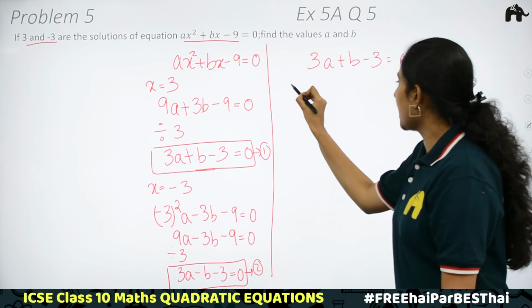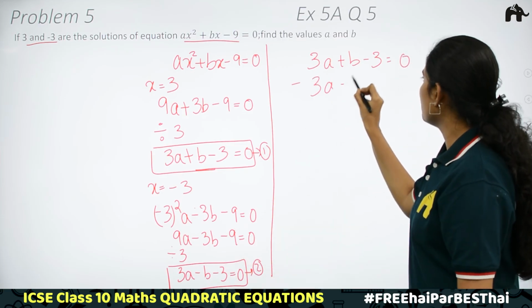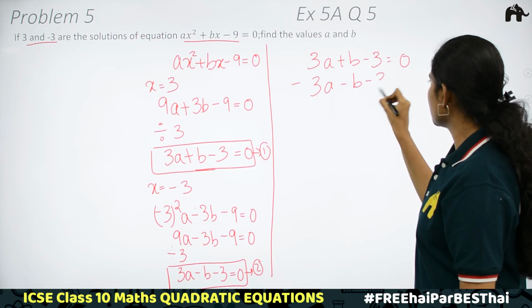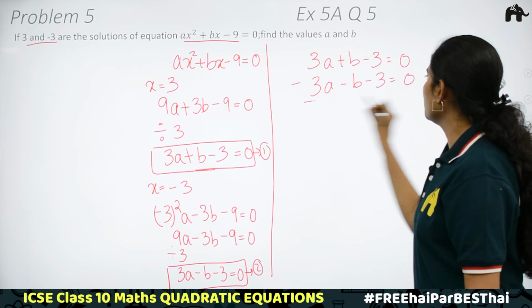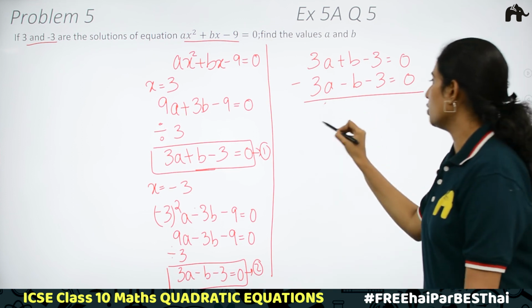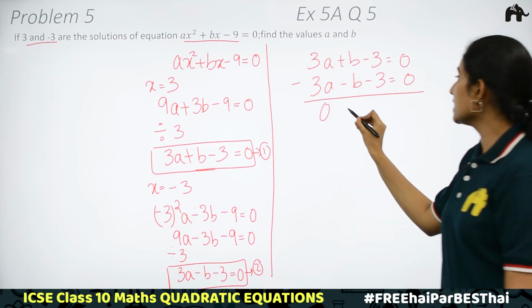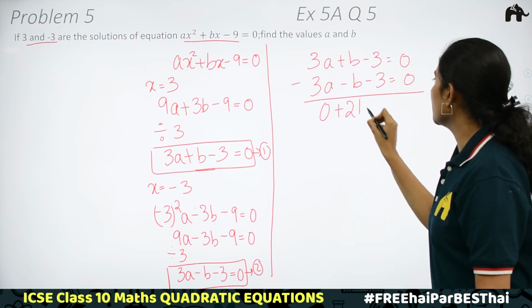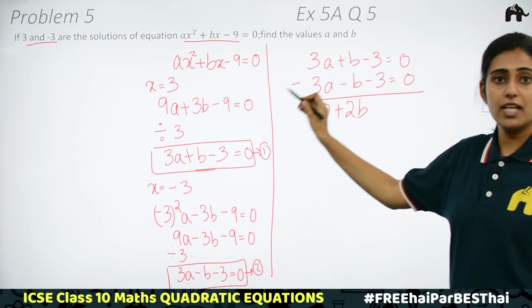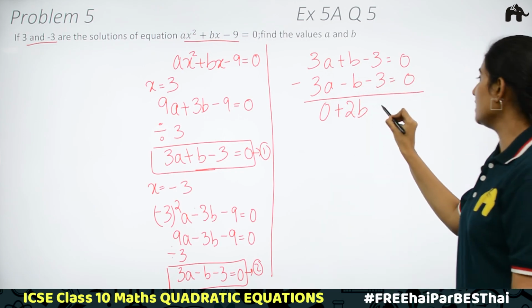Now subtract the second from this: 3a minus b minus 3 is equal to 0. What do you get? 3a minus 3a, you get 0. b minus of minus b, that is plus 2b. Minus 3 minus of minus 3, that is plus 3. Minus 3 plus 3 is again 0.